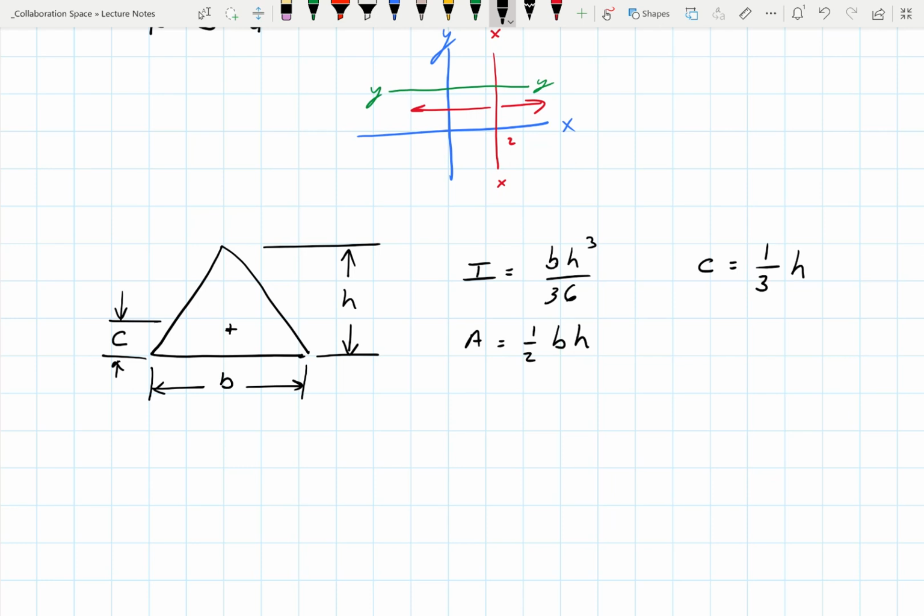Or if you have to, you can always do 2/3 of H, which will get you down from the top. But considering this would be 0, moving up that way, this would be 1/3 H. Make sense?